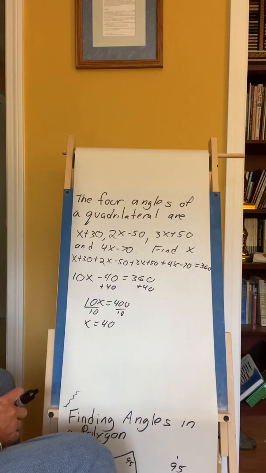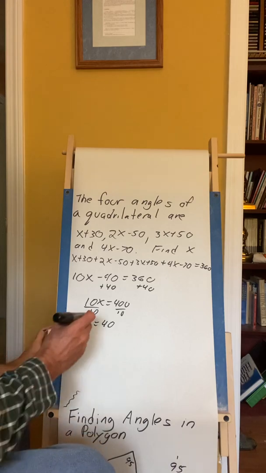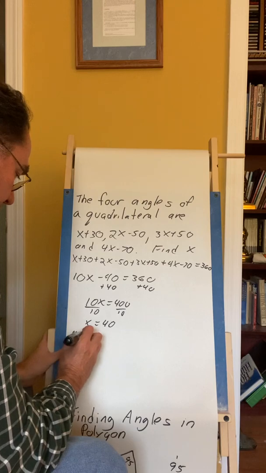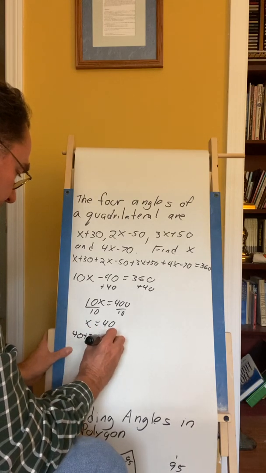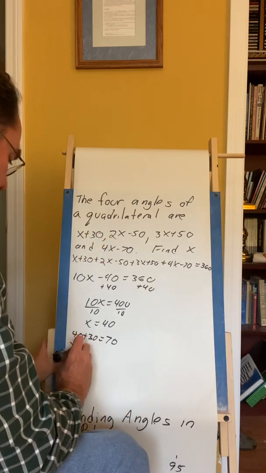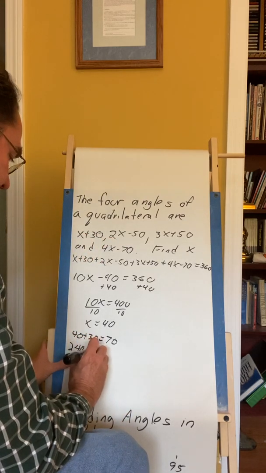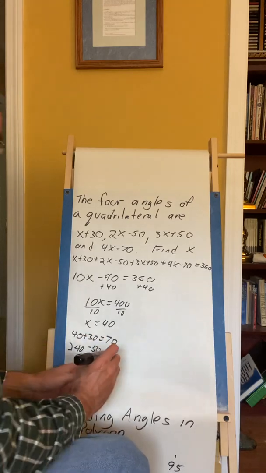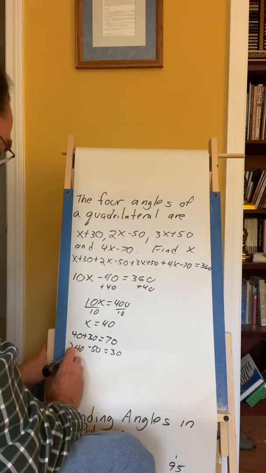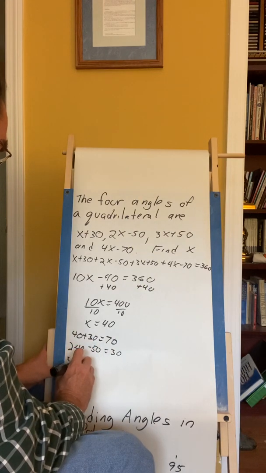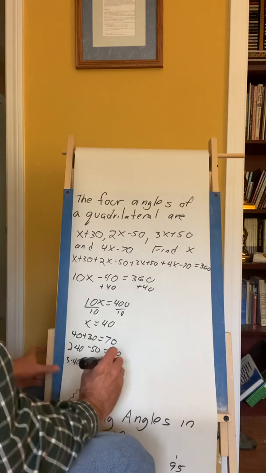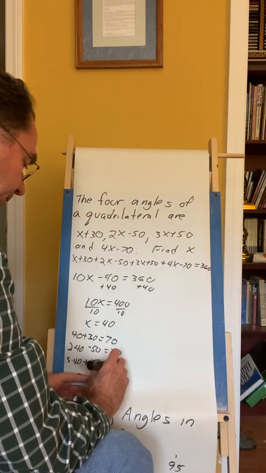Now I'm just curious, let's plug those angles in. If x is 40, what's 40 plus 30? 70. If x is 40, what's 2 times 40 minus 50? 2 times 40 is 80, minus 50 is 30. 3x plus 50. What's 3 times 40 plus 50? 3 times 40 is 120, plus 50 is 170.